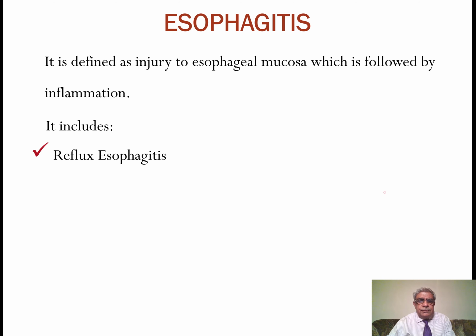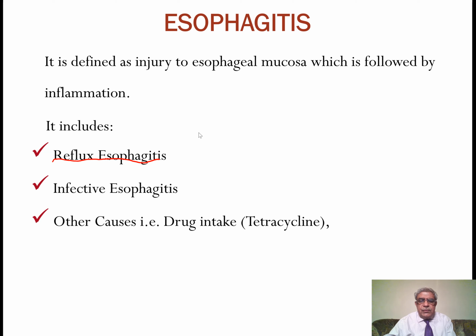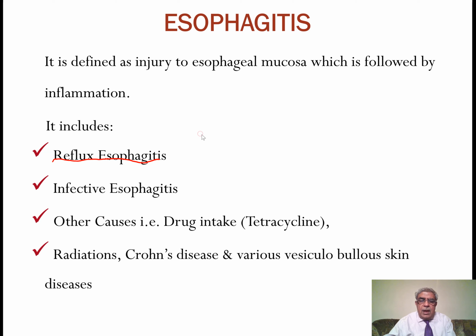It includes reflux esophagitis, very important, infective esophagitis, and there are other causes of esophagitis like intake of drugs like tetracycline, radiation, Crohn's disease, and various vesicobullous skin diseases.